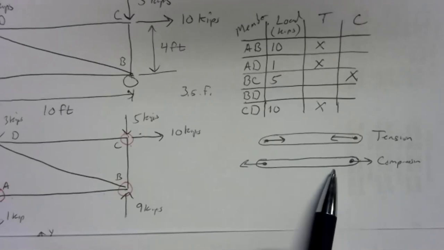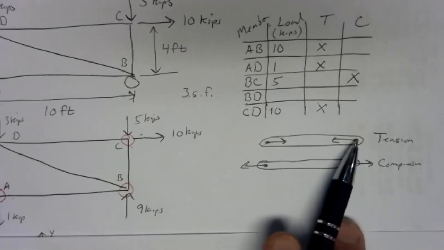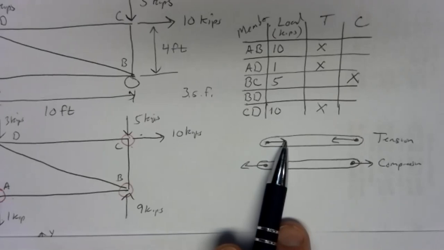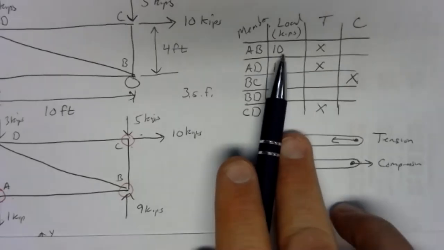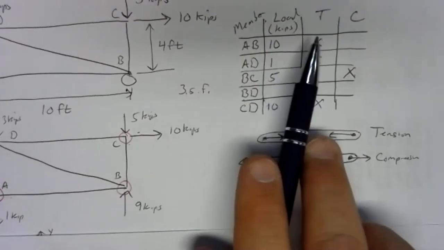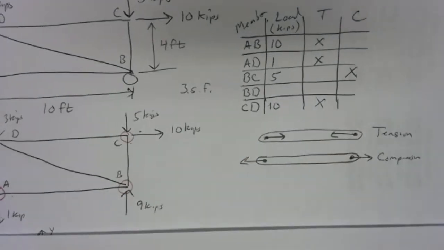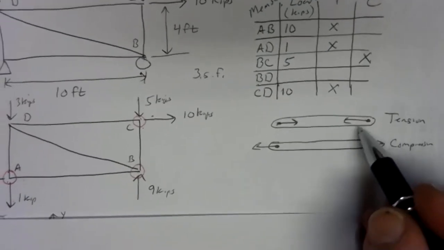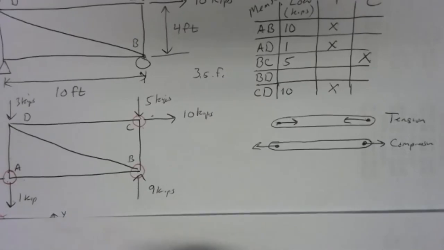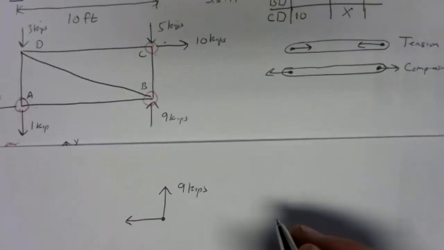It's trying to shrink back to its original size. So it's got to pull the joints close to each other. You got to nail not only the amount of force, but the direction in order for your free body diagrams and your solution to work out when you carry information from one joint to the next. So that 10 kips from member AB pulls to the left.